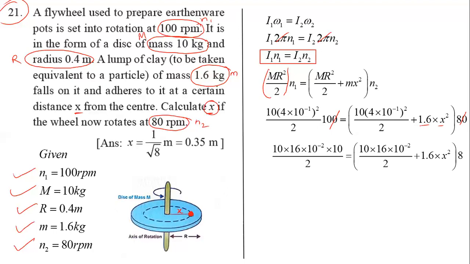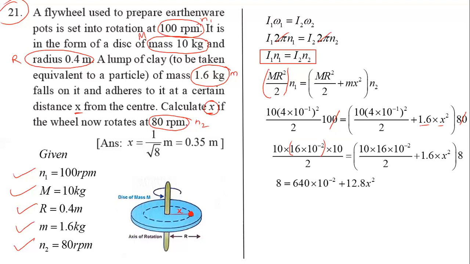Then this 10 as it is, 4 square is 16 and 10 raised to minus 1 square is 10 raised to minus 2, into this 10 divided by 2. Now here 10 into 16 into 10 raised to minus 2 as it is divided by 2 plus 1.6 into x square in a bracket and outside 8.